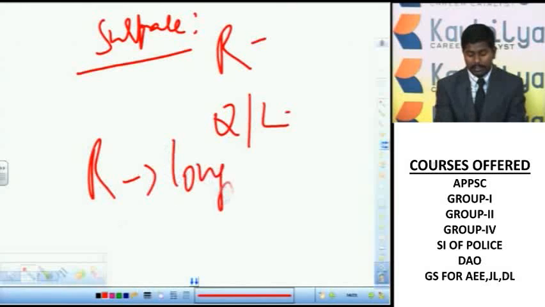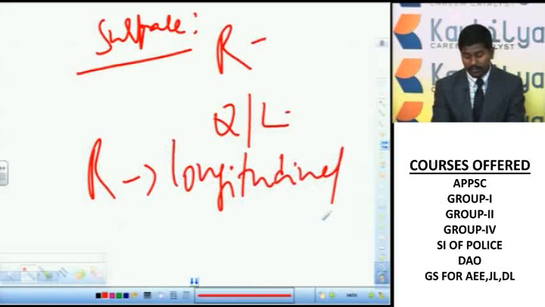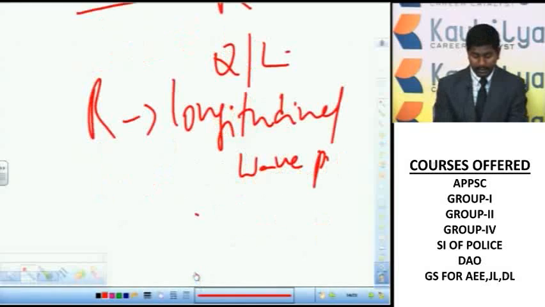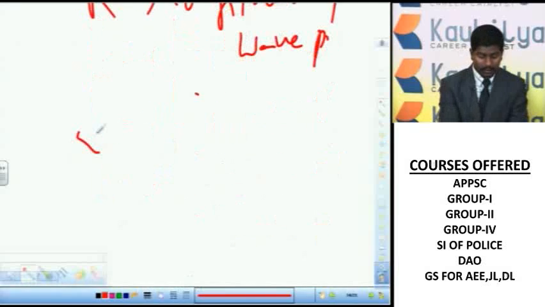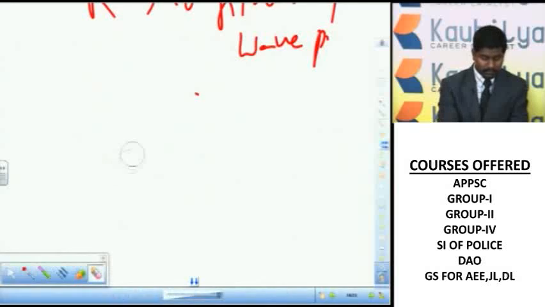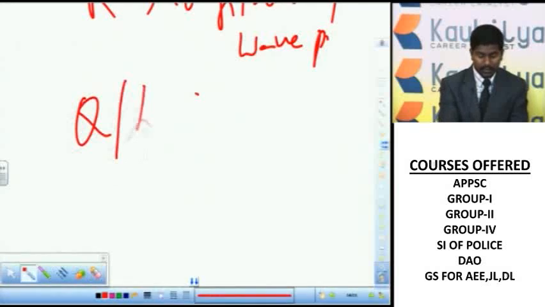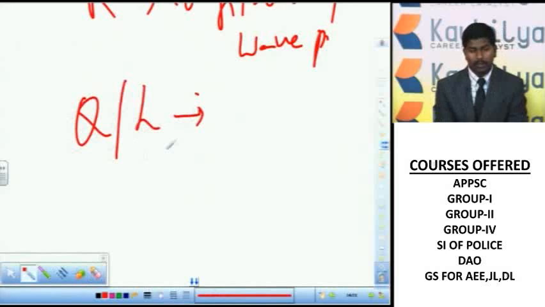R waves, or Rayleigh waves, follow longitudinal wave propagation, whereas Q waves or L waves follow transverse wave propagation.